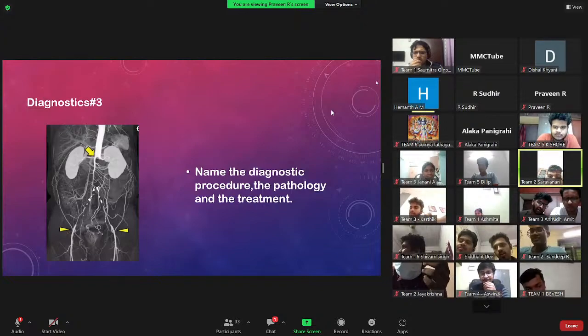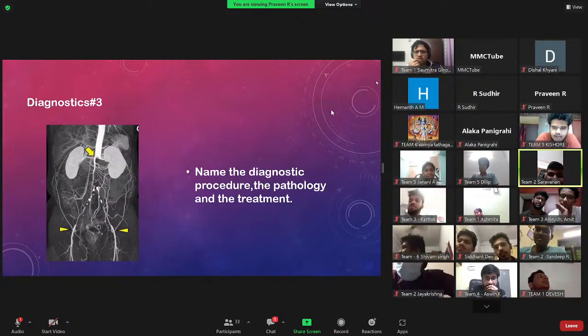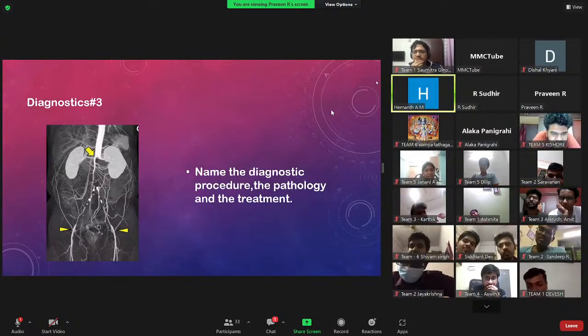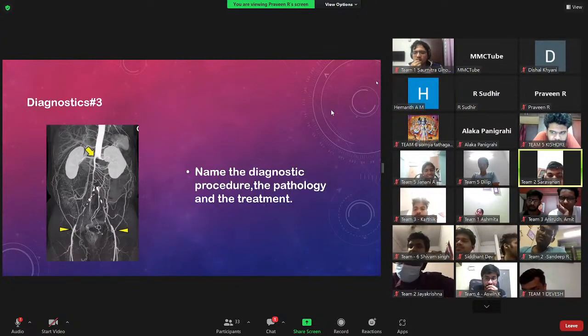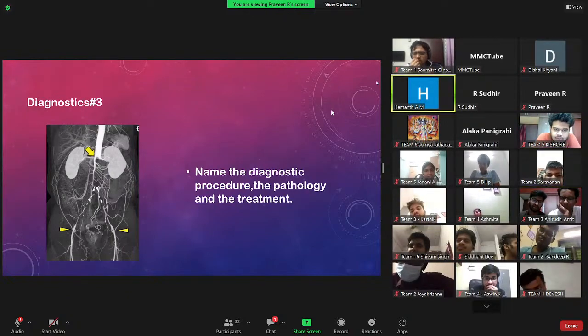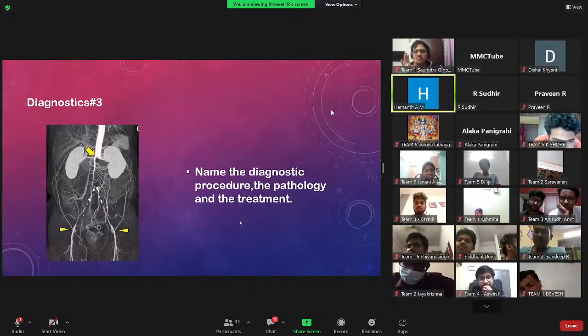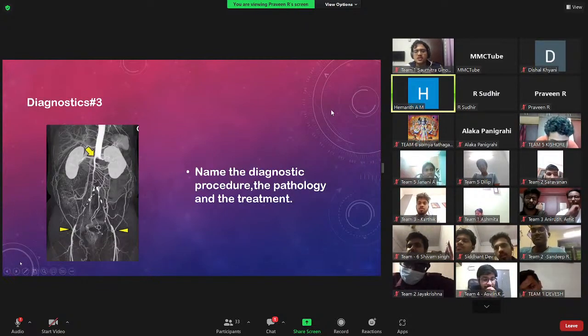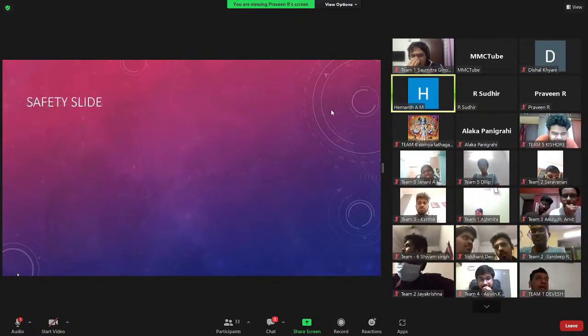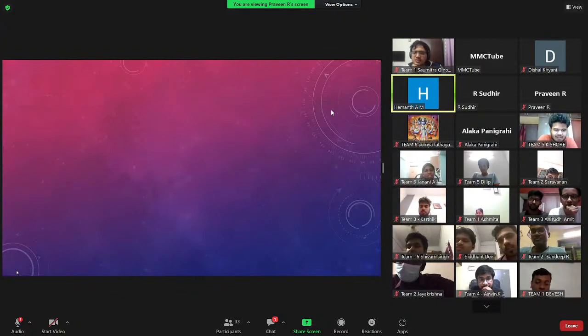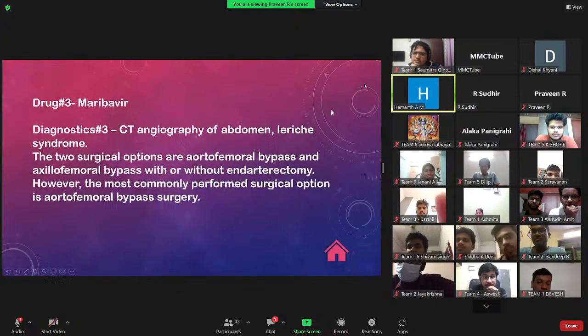Pathology is aortoiliac occlusion or stenosis. The diagnostic procedure is CT angiogram. Yeah, you are correct. Next slide, please. Answer slide. The pathology is Leriche syndrome.